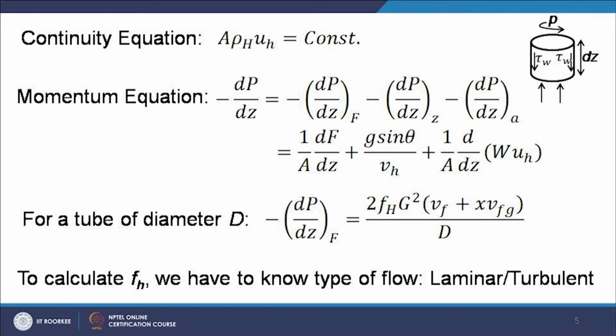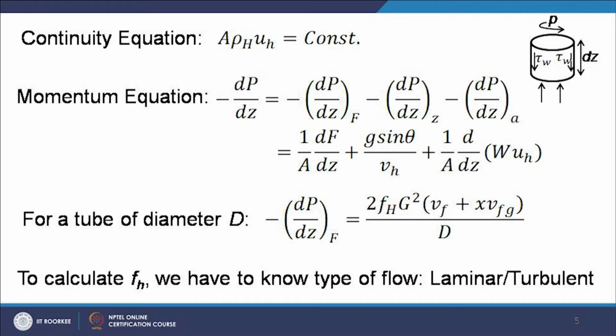Next, let us write down the momentum equation from fluid mechanics. Minus dP dZ is the pressure drop across the pipeline, which is caused by three different reasons. First is friction, so minus dP dZ due to friction. Then minus dP dZ due to Z, which is nothing but the potential head.